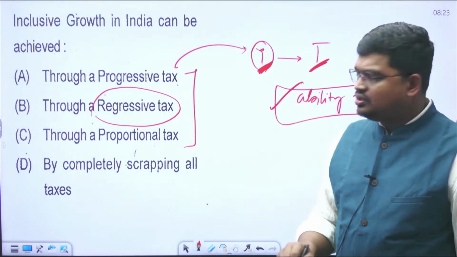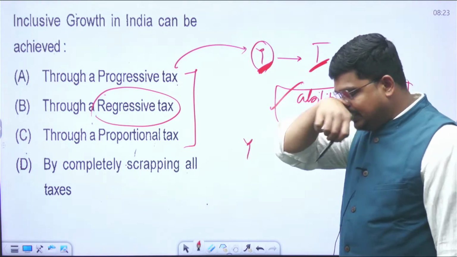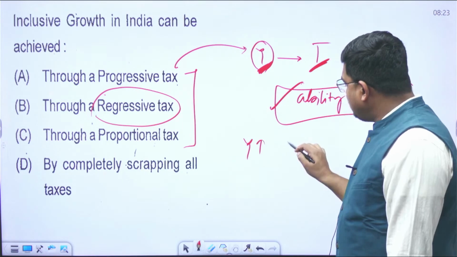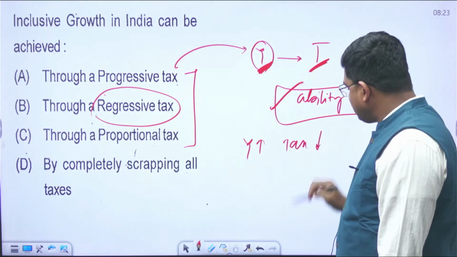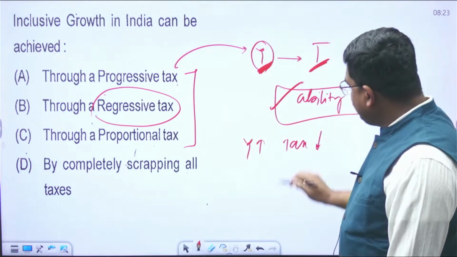Regressive tax is where with the increase in income, the tax burden is less, or the tax decreases. Let me give you one example.